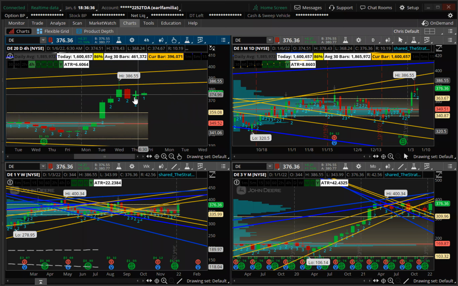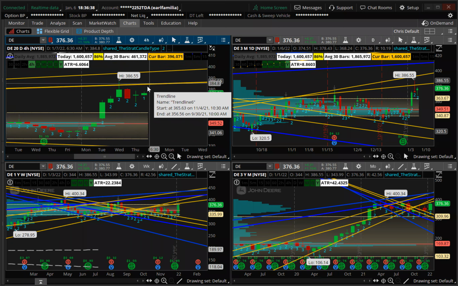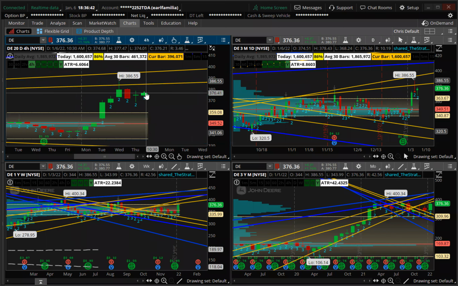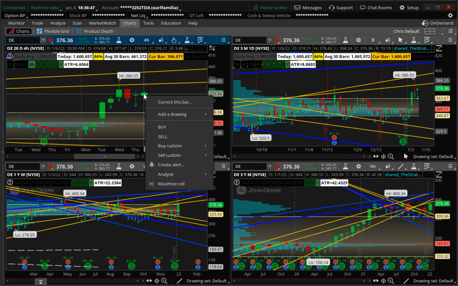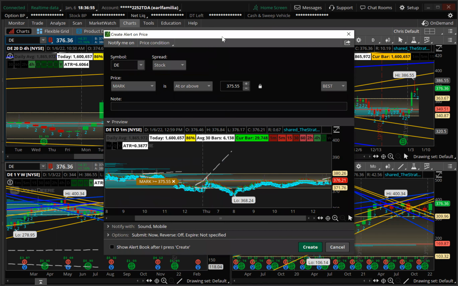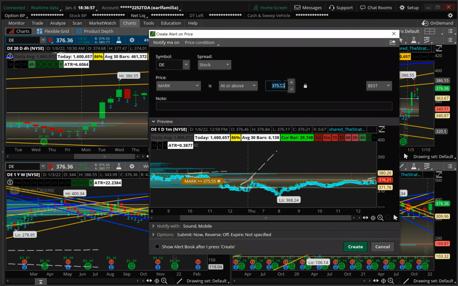This is what I like to see. The broadening formations, you know, damn, they're there, but we'll have to analyze the contracts and see what they paying like. But I like the setup on the day as well as on the 4 hour. So this is a good one. I think I like John Deere the best so far.